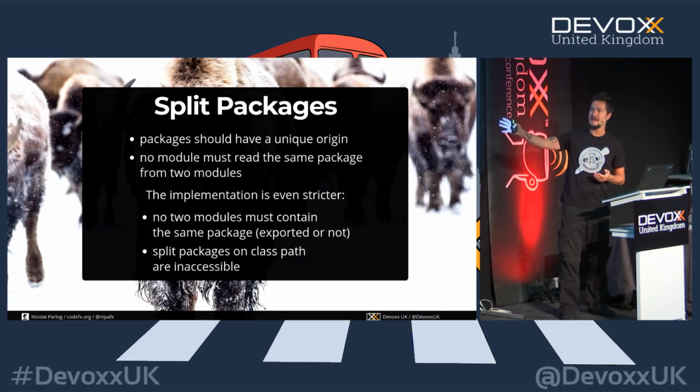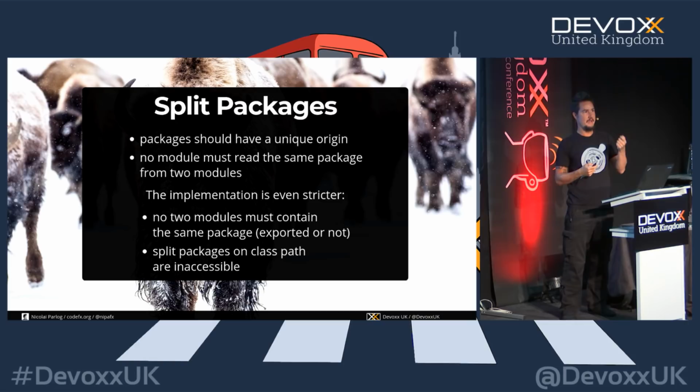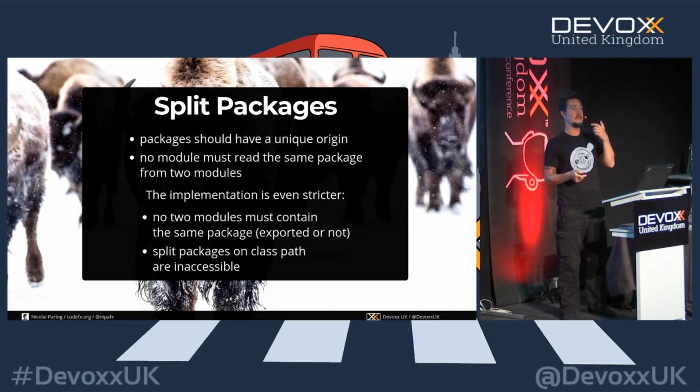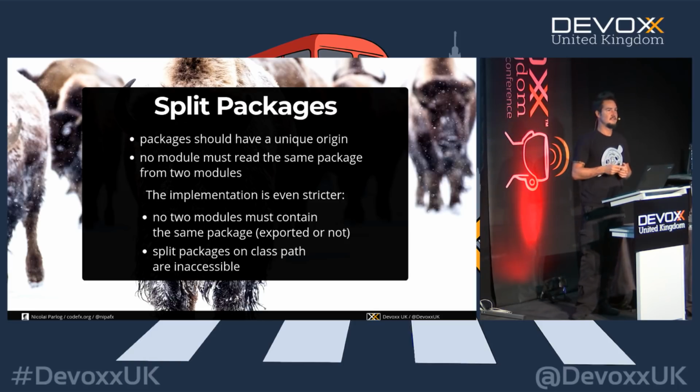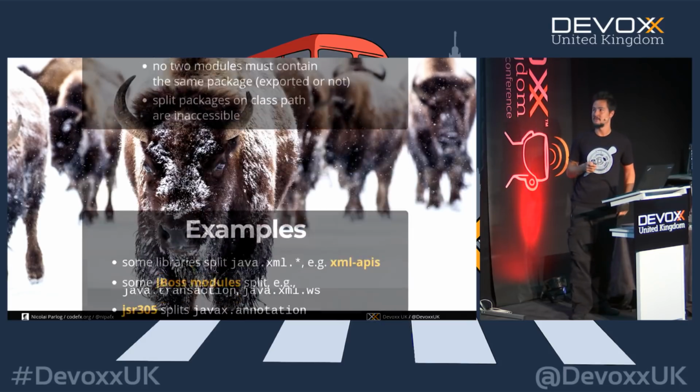So this check is not applied to the class path, which means, and this is a weird thing that happens then, if you have a package on the class path that is also in the platform module, that is also in a module from the JDK, then as soon as the class loader sees that package, it goes to that specific module and says, load that class. And then that module says, I don't have generated, doesn't belong to me. It's still on the class path, but nobody's going to check the class path afterwards. So that's, as I said, a weird problem, and it's not going to happen very often, but it will occasionally happen with these Java EE modules.